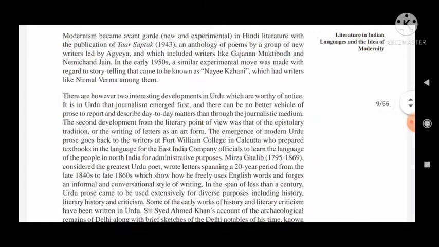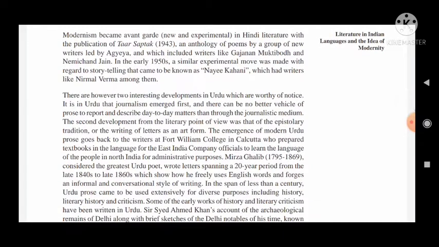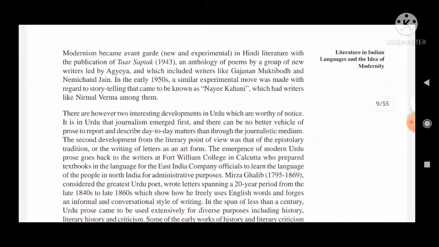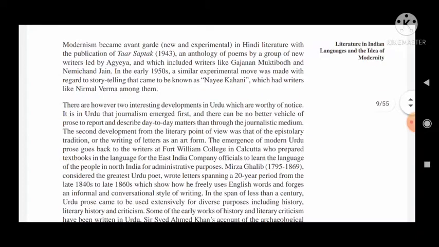new writers led by Ajneya, and which included writers like Gajanan Muktibodh and Nemichand Jain. Tar Saptak was published in 1943.